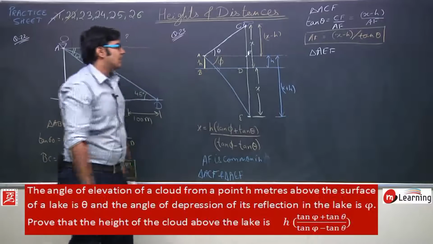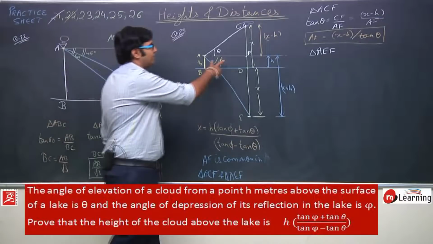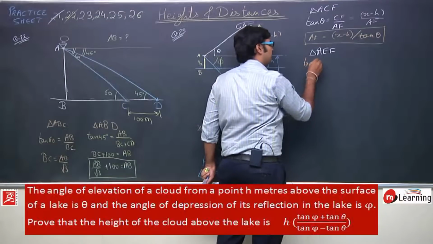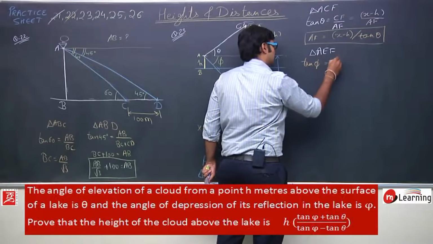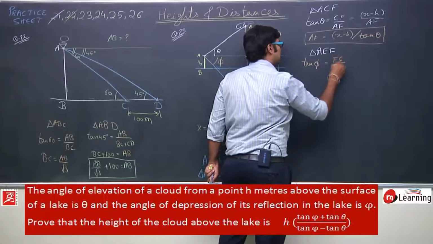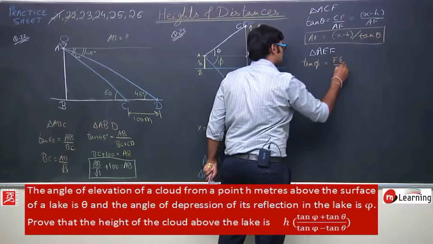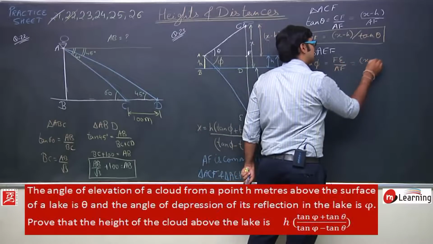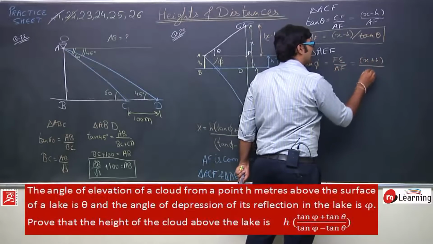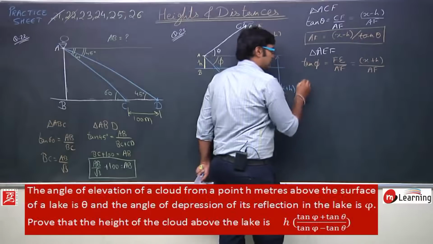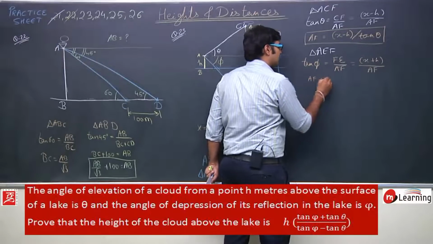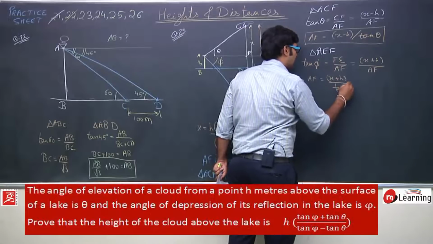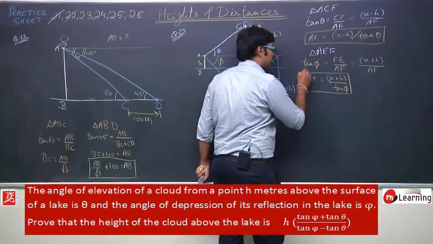So FE is the perpendicular and AF is the base. In this triangle I can write tan of angle phi is FE upon AF. In place of FE I can write X plus H, and AF stays AF. So I will get AF is equal to X plus H upon tan phi. This is the value of AF.